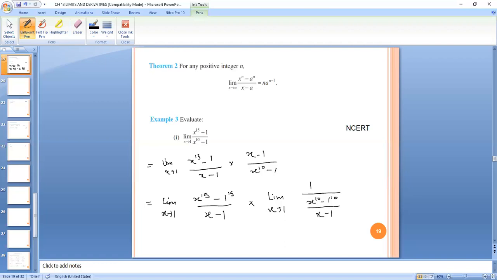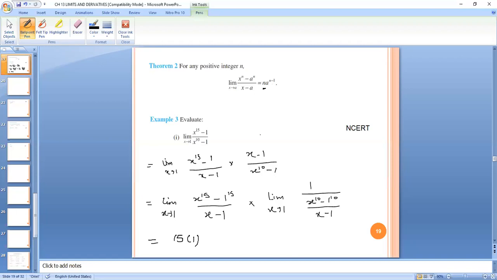By writing this way, I'll be able to apply this formula, right? Now comparing limit x tending to a of x raised to power n minus a raised to power n upon x minus a, I have x raised to power 15 minus 1 raised to power 15 upon x minus 1. So it will be n, what is n here? It is 15. A is 1.